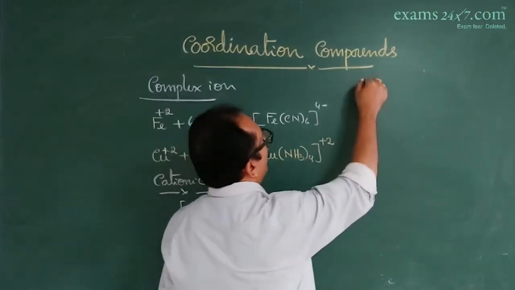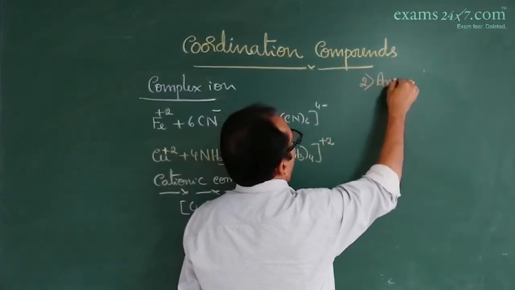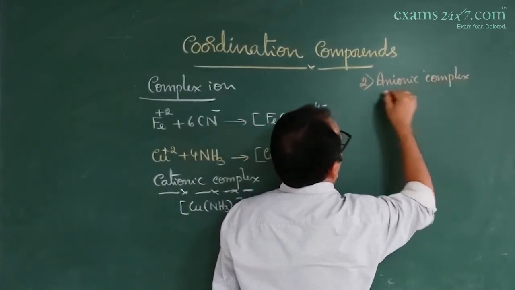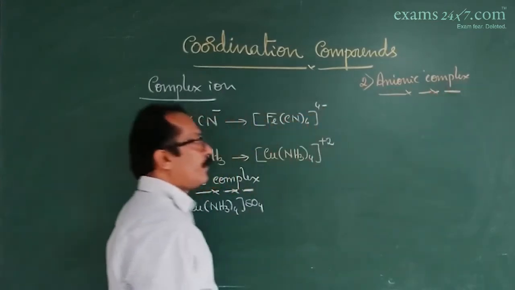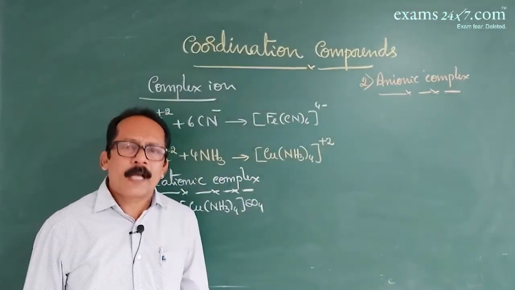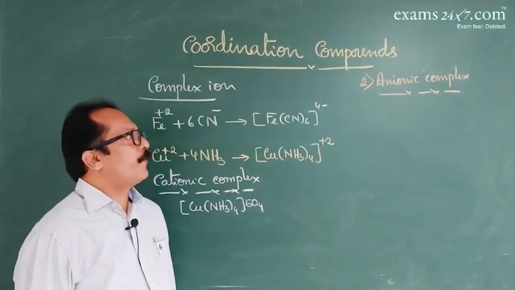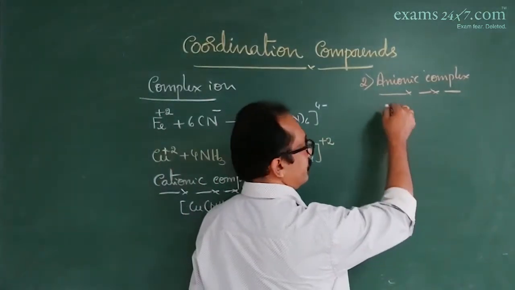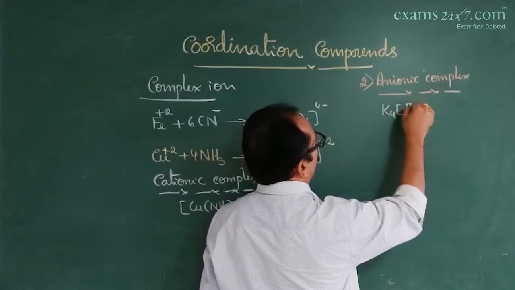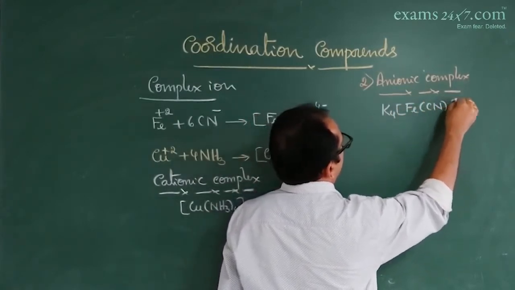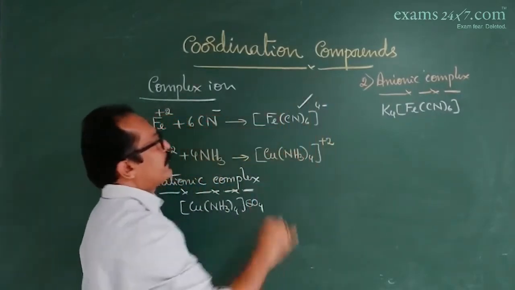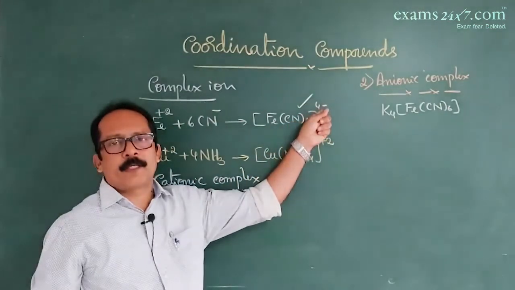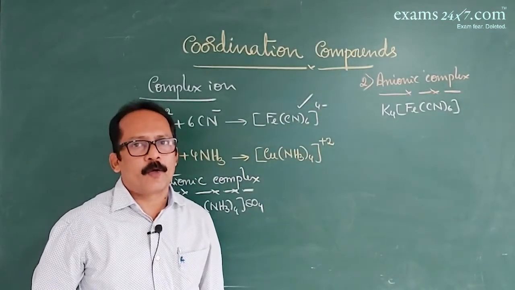Next about anionic complex. This complex compound contains a complex anion. Such a type of complex is called an anionic complex. Example, potassium ferrocyanide K4[Fe(CN)6]. Now, in potassium ferrocyanide, the ferrocyanide ion is a complex ion and it contains negative charge. Therefore, it is an example for anionic complex.